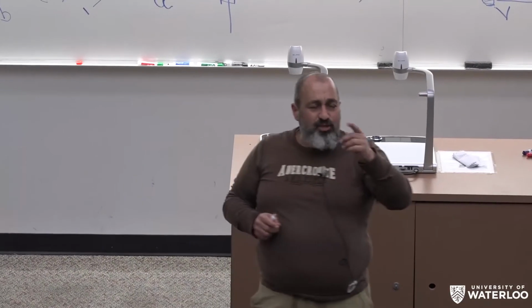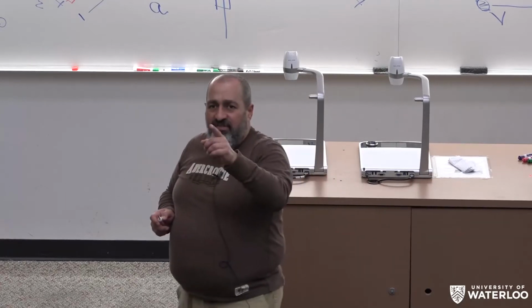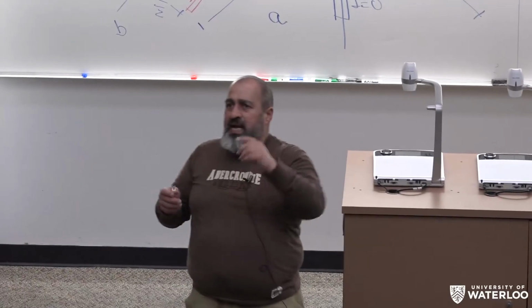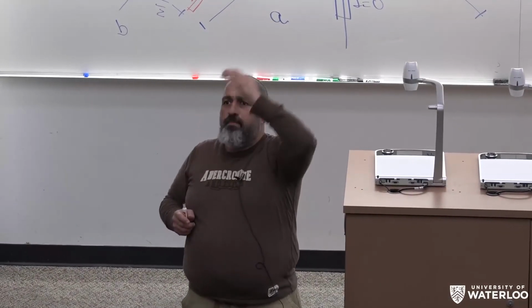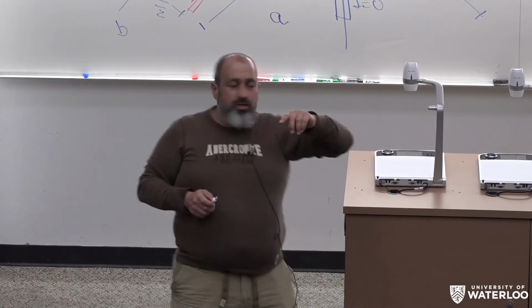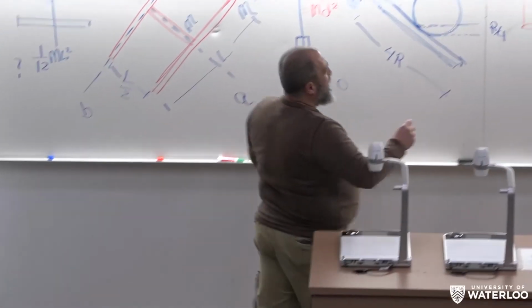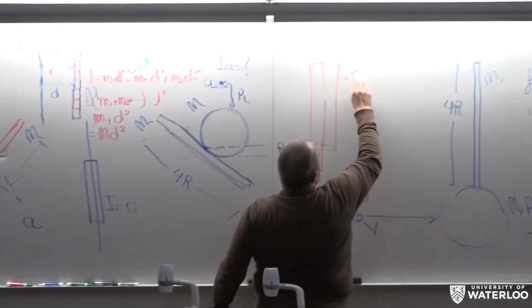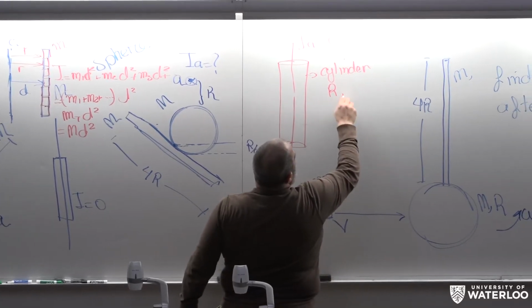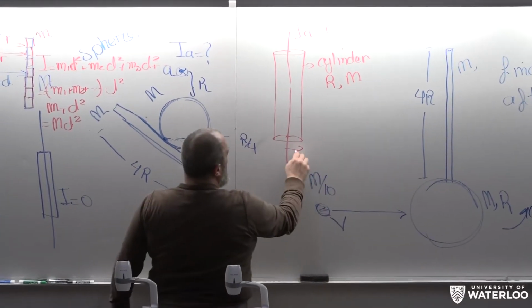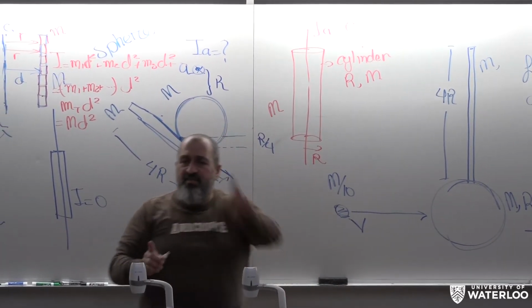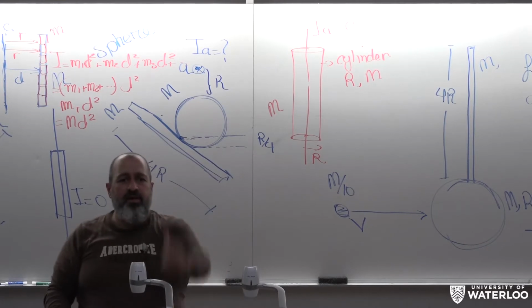Okay. So who's gonna show me why the moment of inertia of this guy will be 0? I mean, we know it's a bunch of point masses. That's okay. But is there another way to see it? Yes. So, okay. So what you're trying to say maybe is that if this is a cylinder of radius r and mass m, then what is the moment of inertia of a cylinder about an axis running through the center of mass?